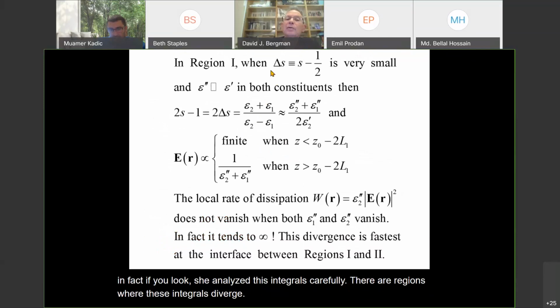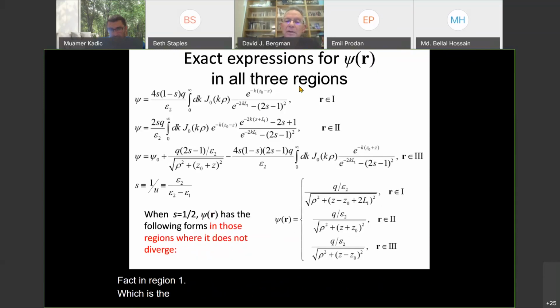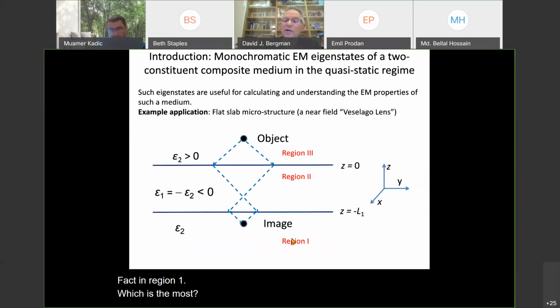In region 1, which is the most interesting region, that's where the image is.